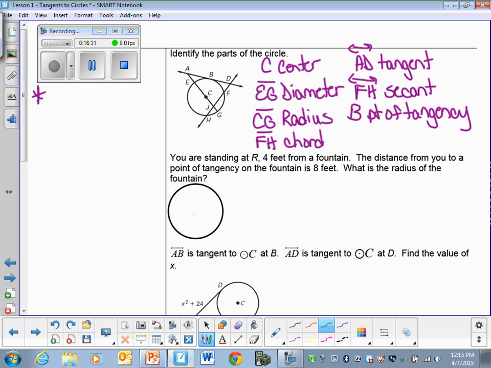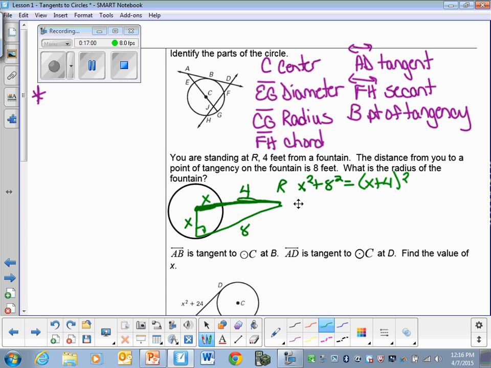All right, I've got a radius. I've got a point of tangency. I have R. This is 8, this is 4, this is x, this is x. What I did wrong was that x plus 4 is my hypotenuse. So x squared plus 8 squared should equal the quantity x plus 4 squared. This is my hypotenuse.